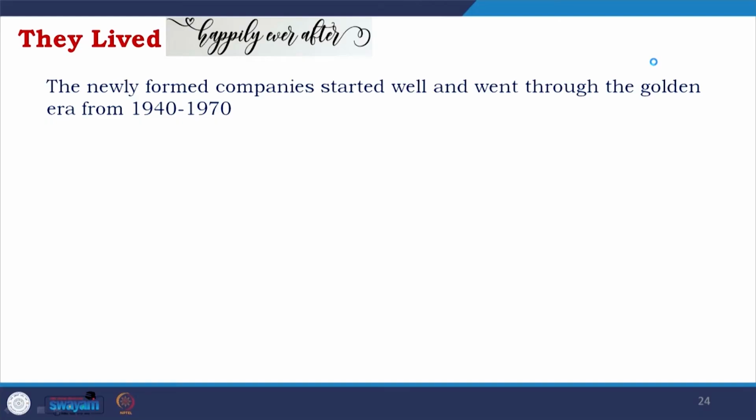Today's class, okay, so they developed the pharmaceutical industry, they earned a lot. What happened? If you see a Bollywood movie, especially in the 90s, we always end up in a happy moment. We always say they lived happily ever after. So, the newly formed companies started well and went through the golden era from 1940 to 1970.